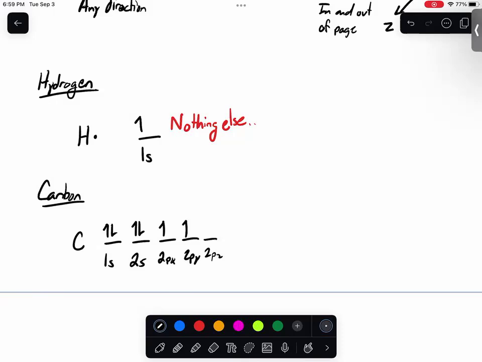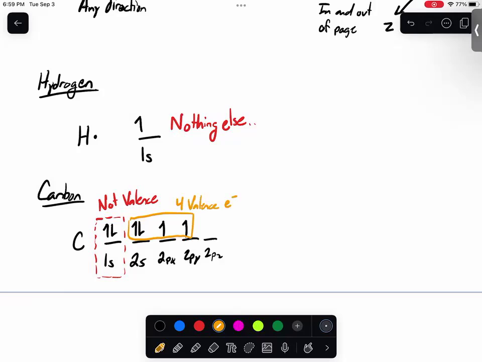And the reason we know this is because of where it sits on the periodic table. This 1s orbital is in the first row, and if you think about that, that means that it's not valence. So whenever we were counting those electrons for carbon beforehand, we were actually looking at these four being the four valence electrons.